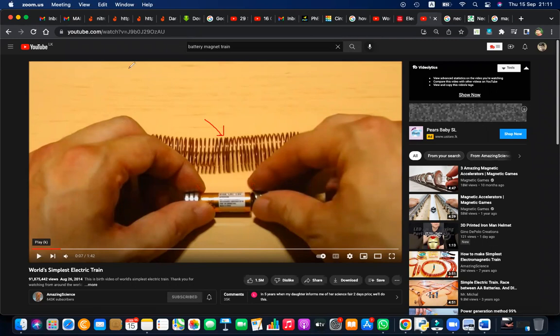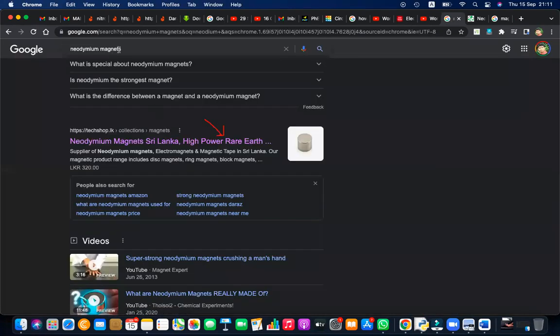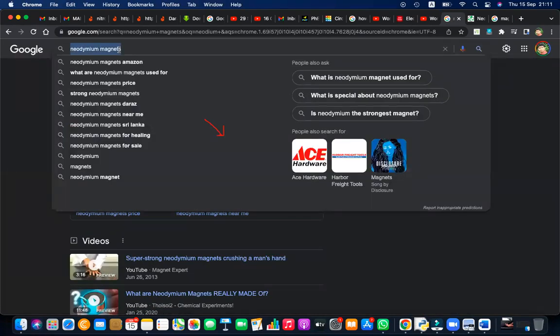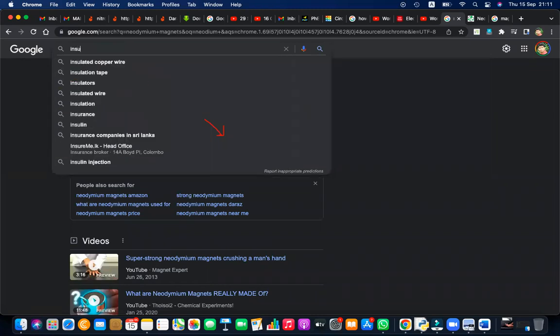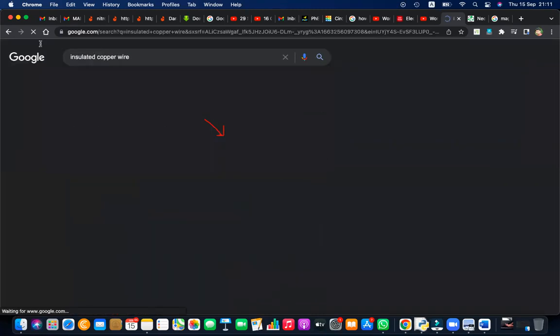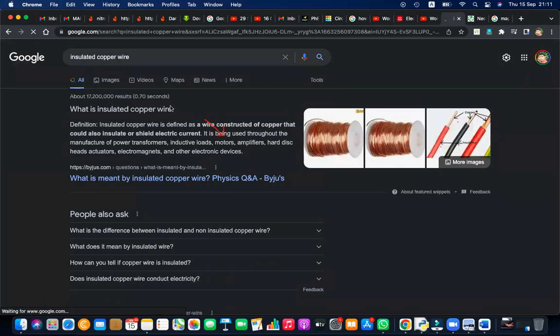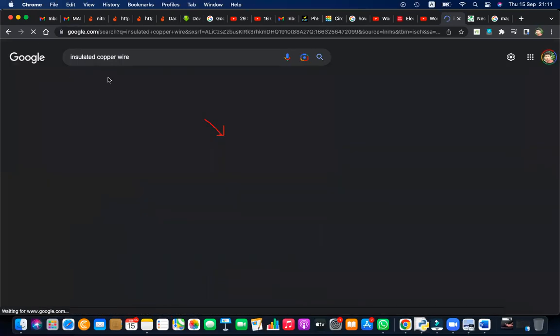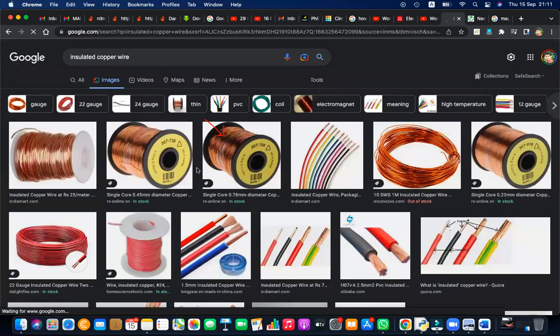And your coil, this is a copper coil, should not be with the enamel, because there are 2 kinds of copper coils. One is insulated copper wire. Don't get insulated copper wire, because there's an enamel on it.